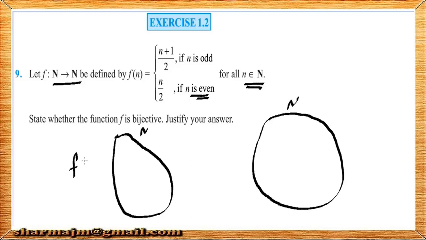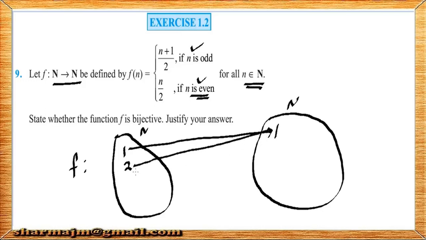F is a function, we apply it on 1, so 1 is odd, so we apply this definition: 1 plus 1, 2 by 2, that is 1. So the image of 1 is 1. Now we take 2 here, so 2 is even, we apply this definition, 2 by 2 is 1. Then we take 3, which is odd, so 3 plus 1, 4 by 2 is 2. So the image of 3 is 2, and we take 4.